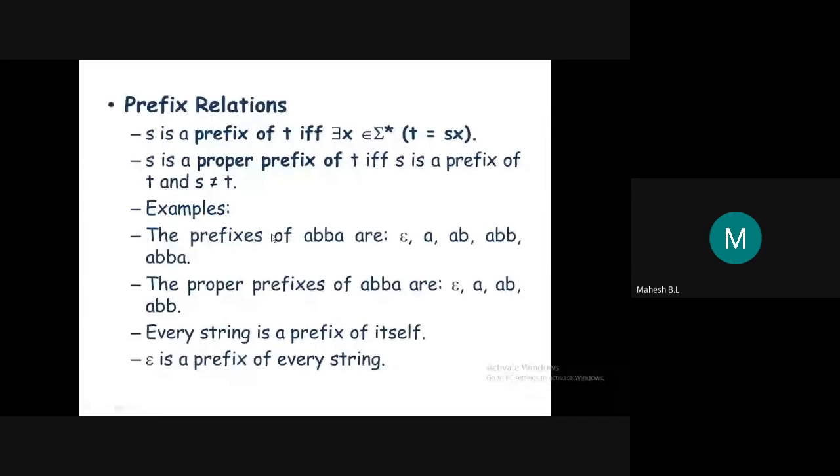I hope the prefix definition is clear to you. Make a note of these prefixes. Now let's go back to the question.